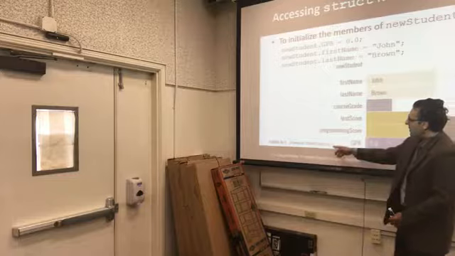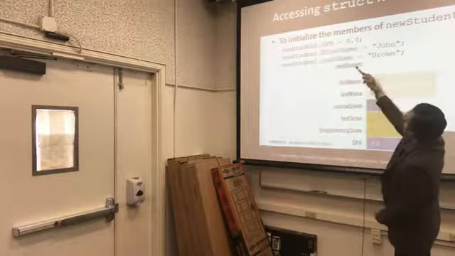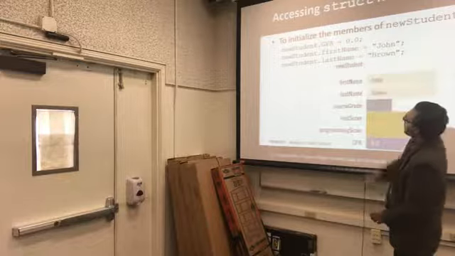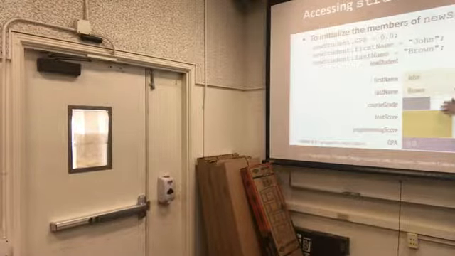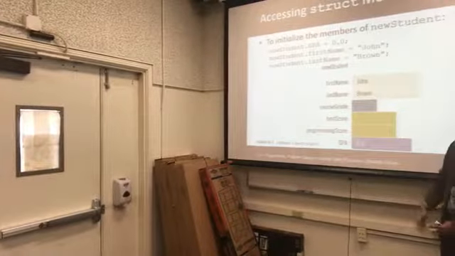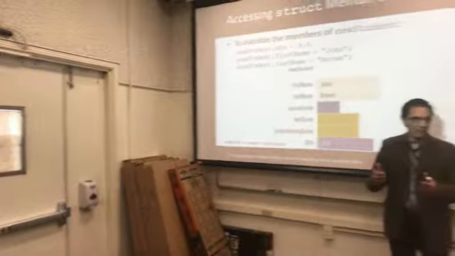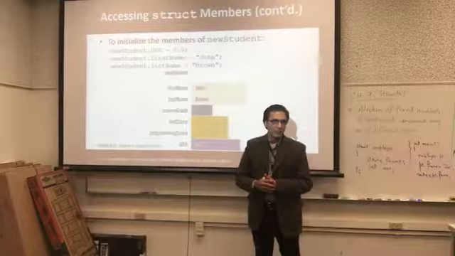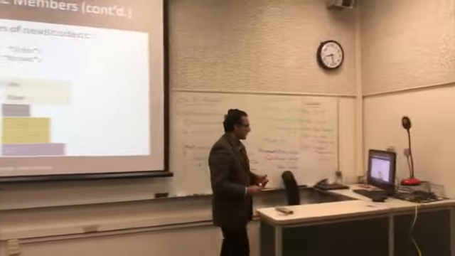New student is a data structure, and dot GPA, that's how you can populate the data. Once you actually have populated data, it goes to the memory and creates that data for you. You guys okay? This is really simple, especially after we have gone through similar concepts in arrays. So this is really simple stuff.